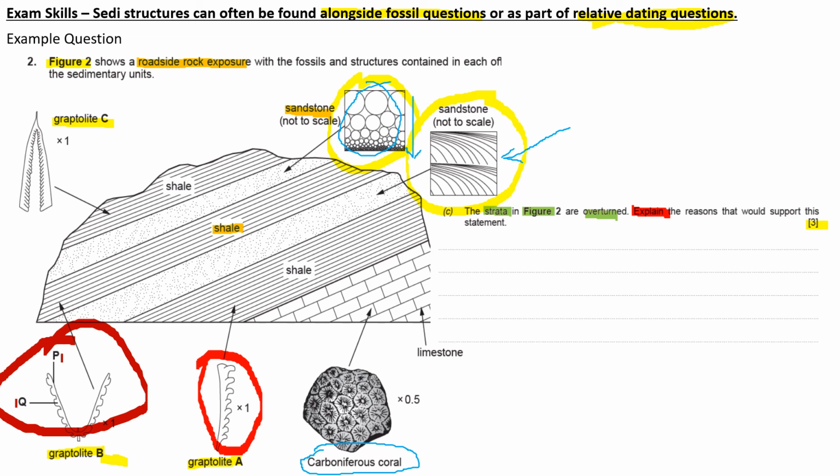So if you know your geological timescale, you can actually start to use that as one of your points. Obviously, you would need to know a little bit about when these lovely graptolites were alive as well, but that could form your 3rd point. So use the data that they've given you, the sedimentary structures there, and write yourself an answer.